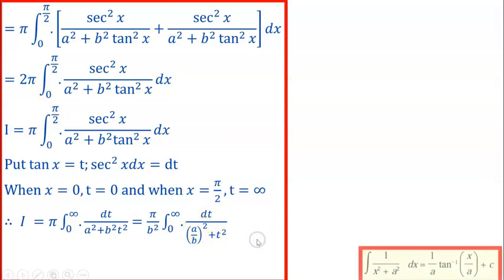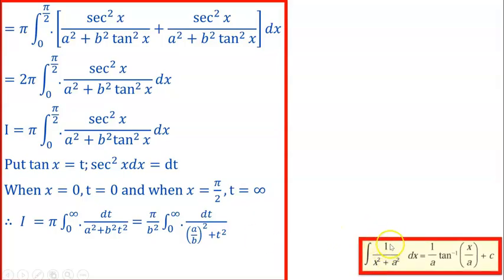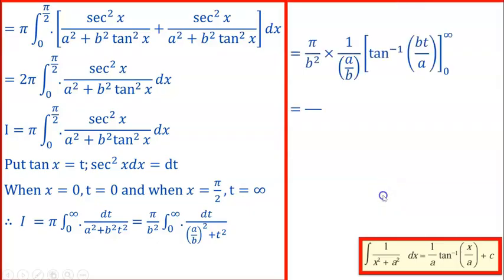And again the form is the integral of 1 upon x square plus a square dx is equal to 1 upon a tan inverse of x upon a plus c. And you will get pi upon b square times 1 upon (a upon b) tan inverse of t upon (a upon b), multiplied by the reciprocal, that is bt upon a. The lower limit is 0, the upper limit is infinity.